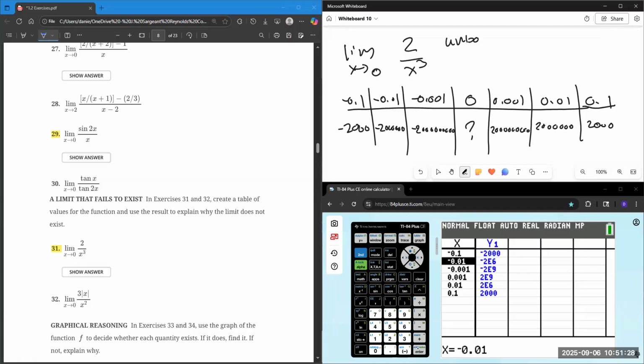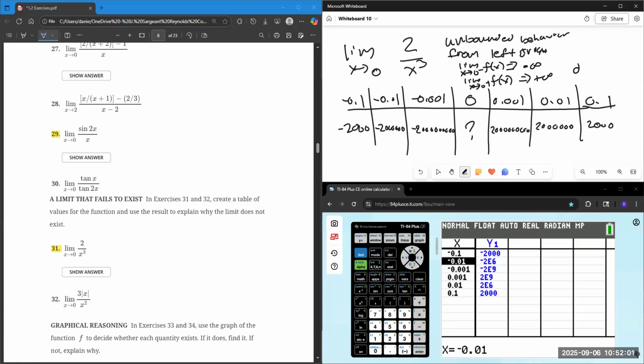Unbounded behavior from the left and right. Different unbounded behavior: the limit as x approaches 0 from the left is going towards negative infinity, and the limit as x is going to 0 from the right is going towards positive infinity.